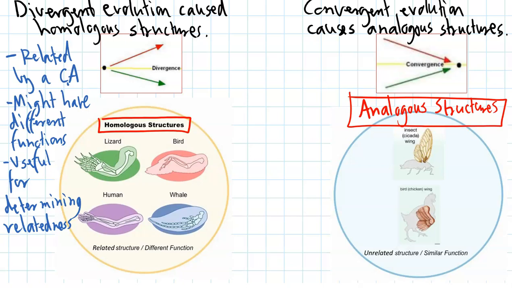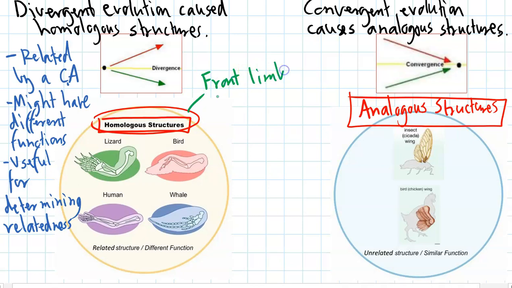So here are some examples of homologous structures. So in all the tetrapod animals, in other words, animals with 4 limbs, the front limb of all these animals is homologous. And the back limb too, actually, but we'll just look at the front one here. Tetra means 4.